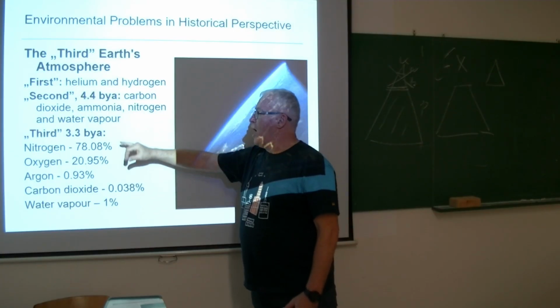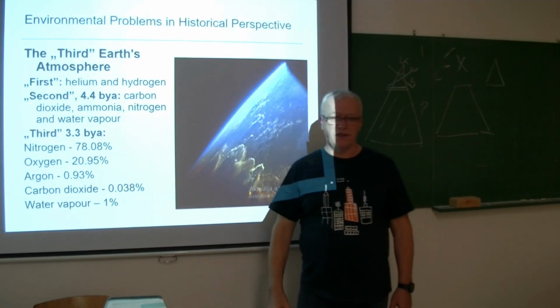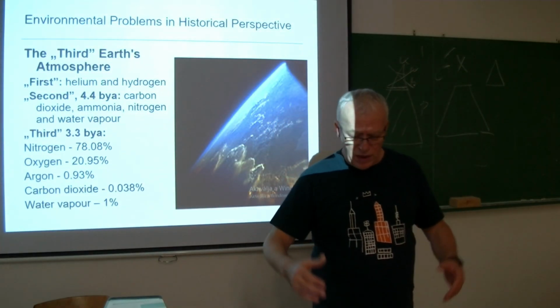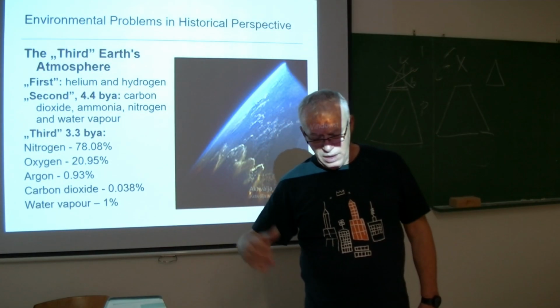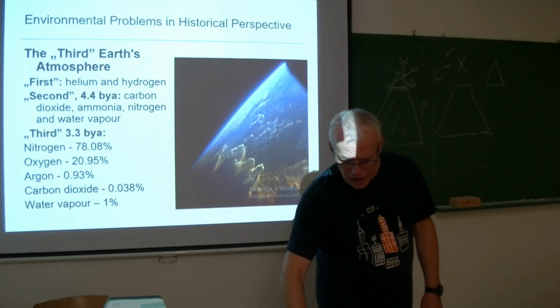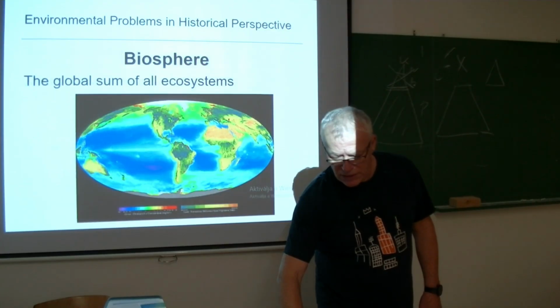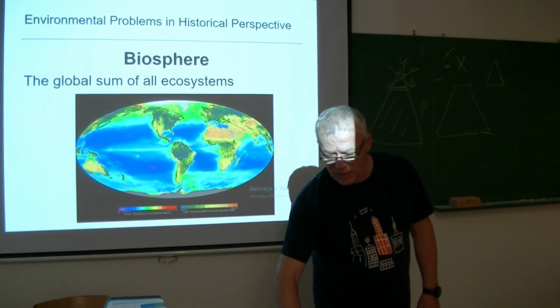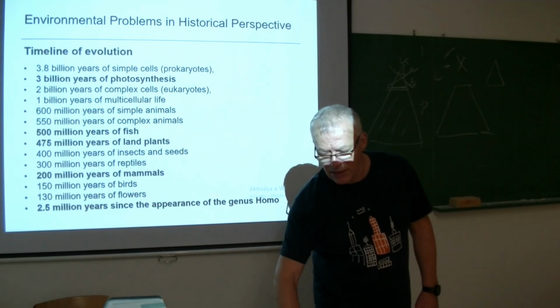We are living after the appearance of oxygen, named the Great Oxidation Event, when the first bacteria appeared and later plants were able to photosynthesize. And we are living in the global sum of the biosphere, in the global sum of gas systems.